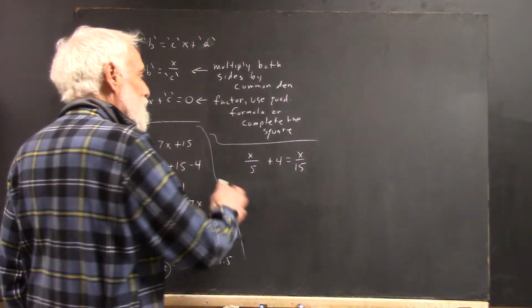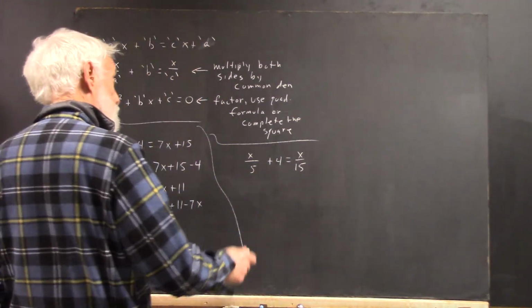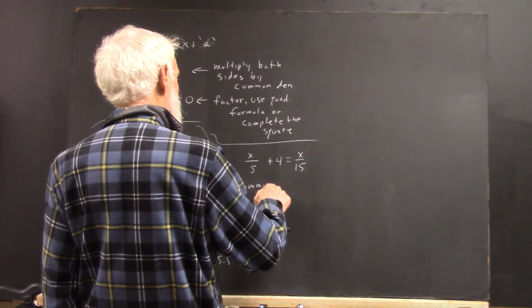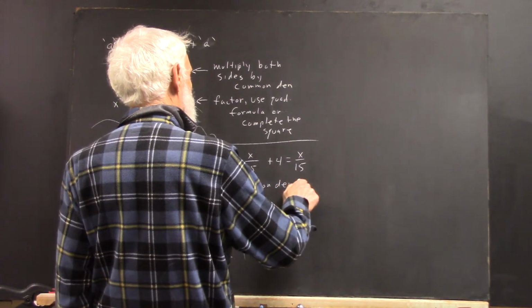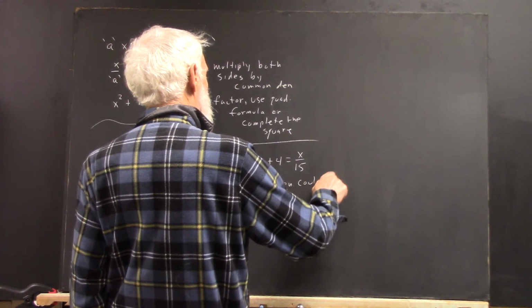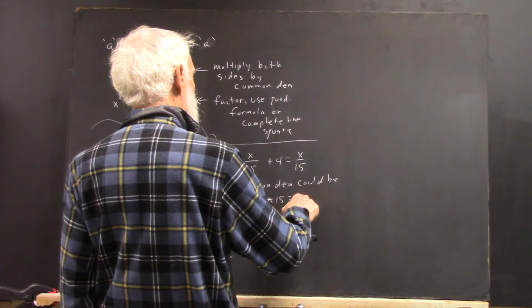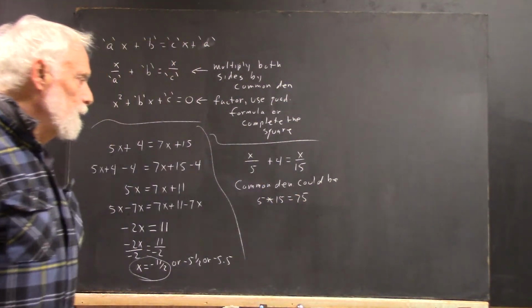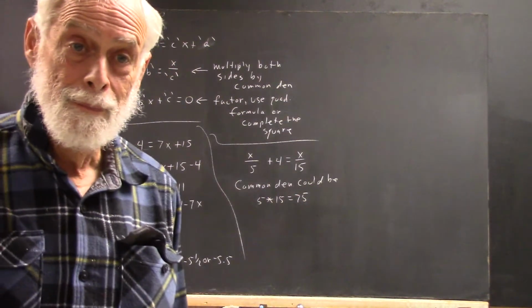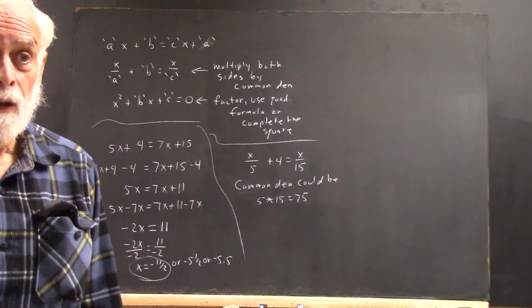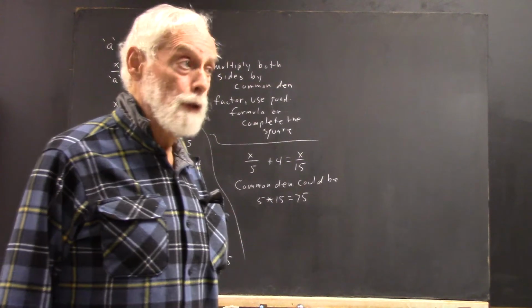Okay, so what common denominator could be 5 times 15, that's 75, right? There's a perfectly good common denominator, probably not the easiest one to use, although it would work just fine.